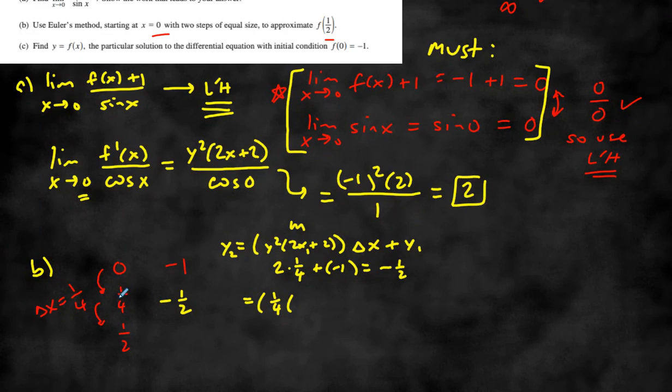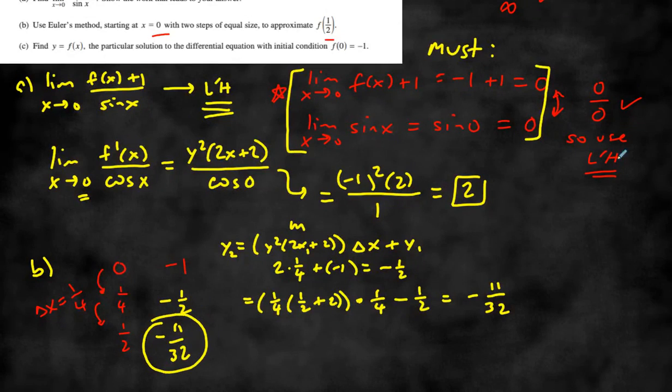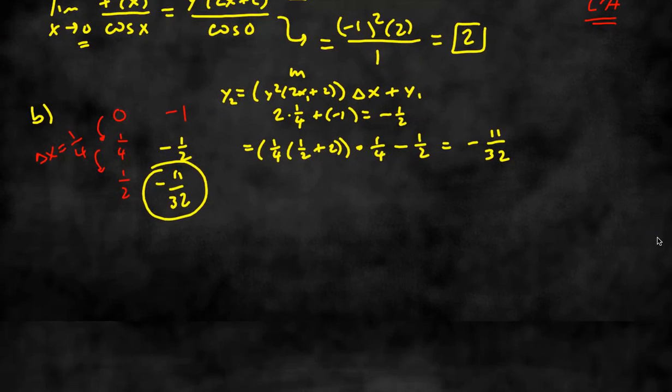So twice 1/4 is 1/2. 1/2 plus the 2, that's the slope. The delta x is 1/4, and add in the y, minus a half. It's a little bit of an annoying calculation, but this is a negative 11 over 32, and that's actually the answer we wanted. So that's the value from Euler's method.